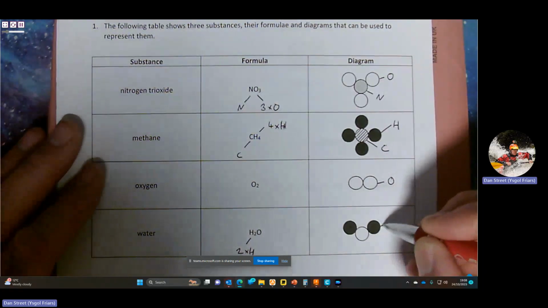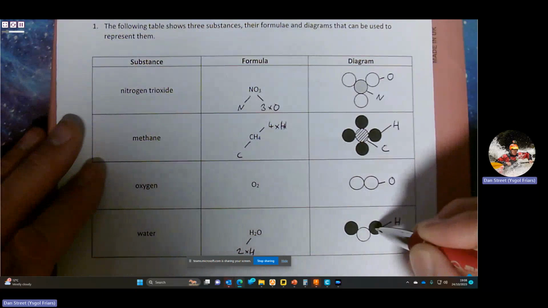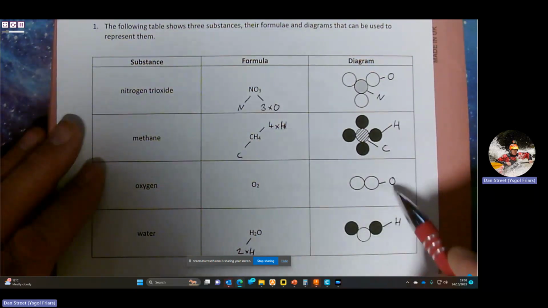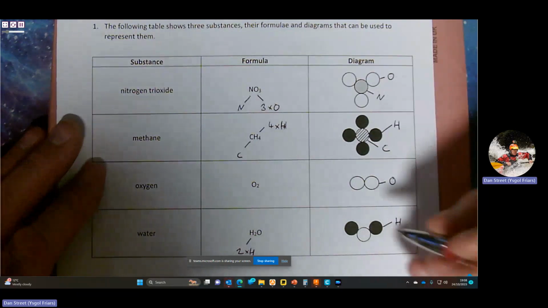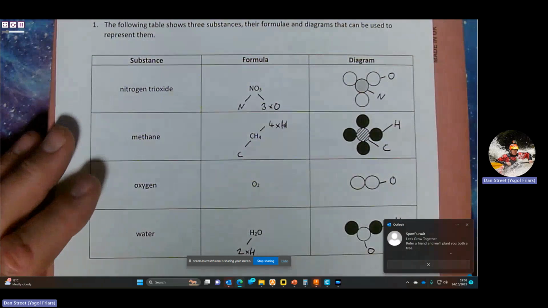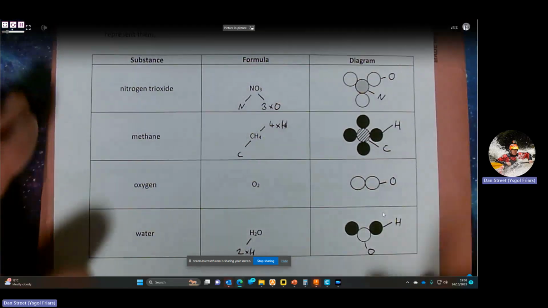Okay, so these here must be hydrogens, there's 2 of them as it says in the formula, and we already know that the white circle is oxygen from either of these 2 questions here. So that's the information that you need to be able to work out from the table.